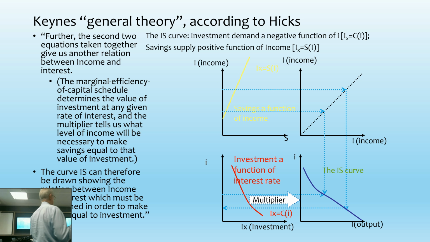So far as Hicks was concerned, he'd now created a rationale for having an equilibrium analysis for the money market. And with an equilibrium analysis for the goods market, he had a model of the macroeconomy. But it was a model which was fundamentally neoclassical, right down to the icon of the intersecting lines.